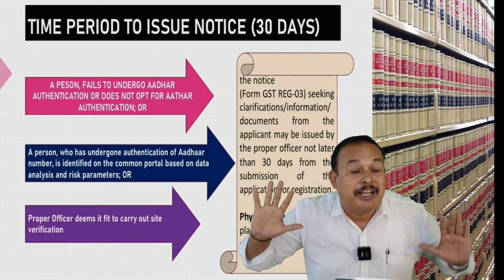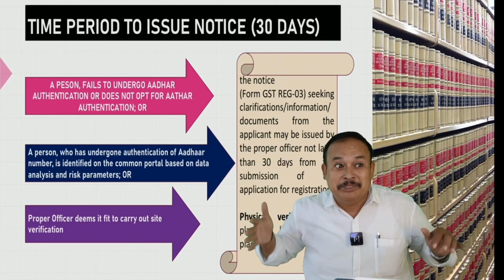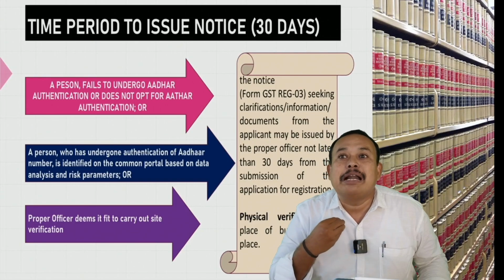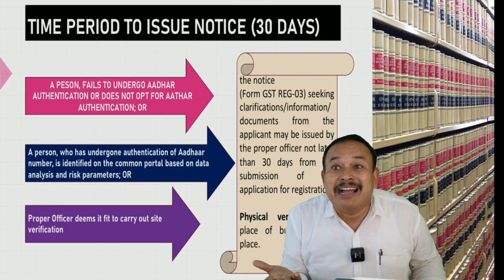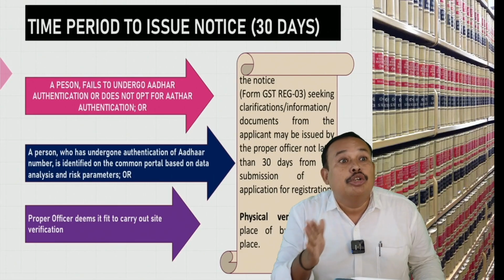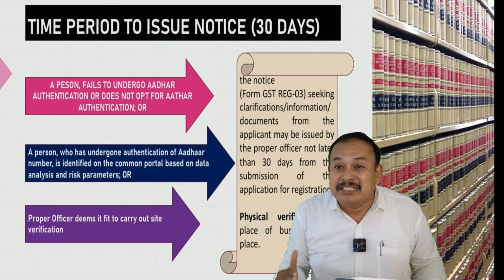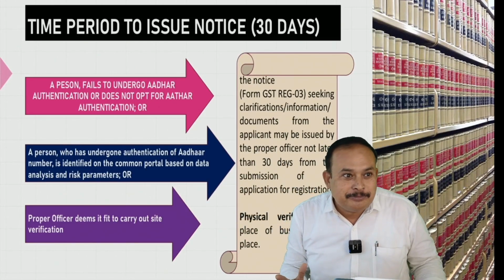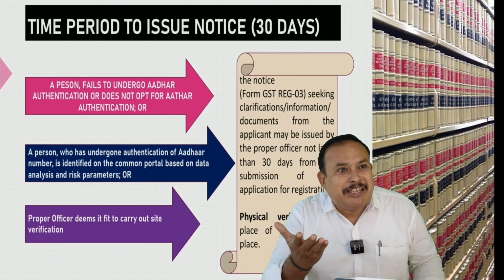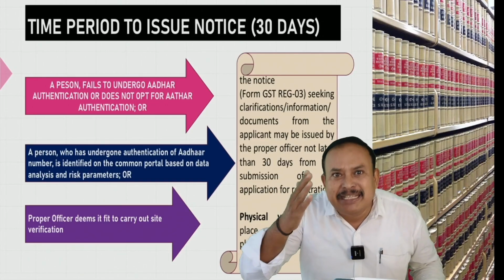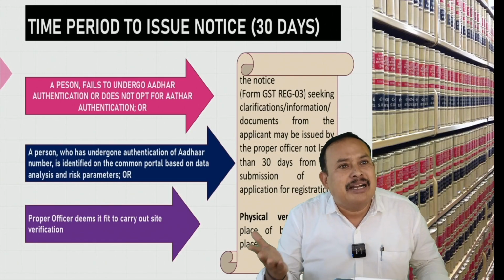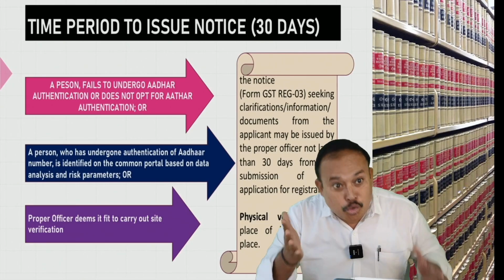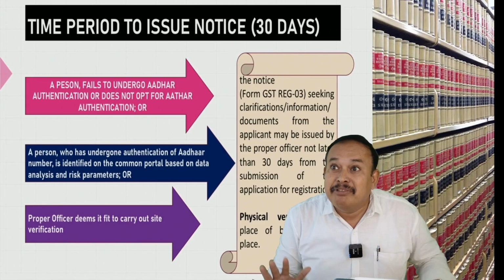The data is entered. Means what? The applicant is a very, very risky person. Don't grant him registration just like that, though he has undergone Aadhaar authentication. Do one thing: go to his premises and physically verify whether Pushpa exists, and whether the address he gave is really his address. Is there a bullock cart at that address or a building? Even if there is a building, go inside and check whether the office premises exist.